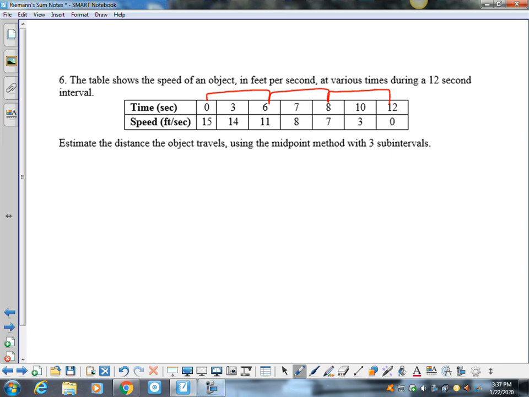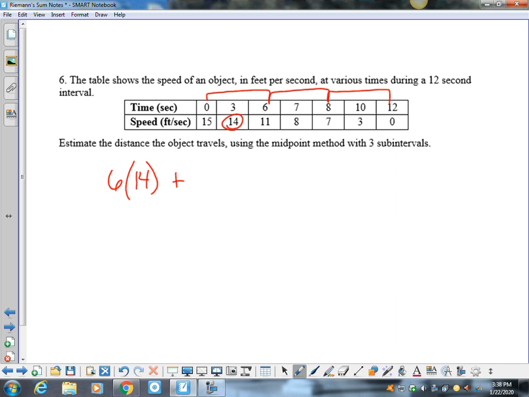Okay, so this gives me my 3 intervals. And if I use the midpoint method, then I just want to make sure that I'm in between 0 and 6. So, all right, let's see. So we're going from, let's see, my width. Okay, sorry. The width of my first one is 6. And if I'm going to use the midpoint, then I'm going to use the 14.